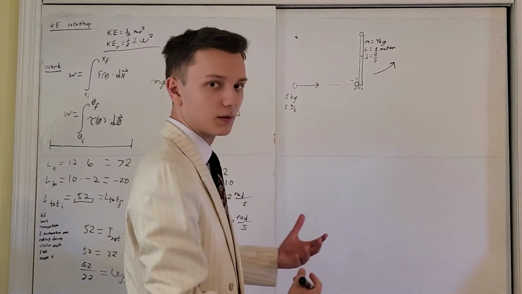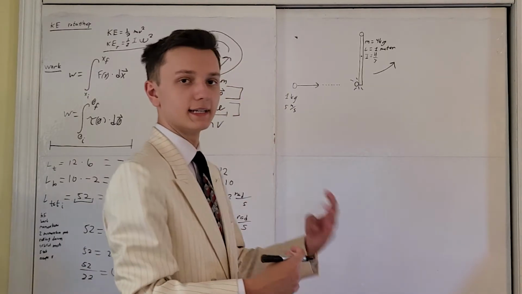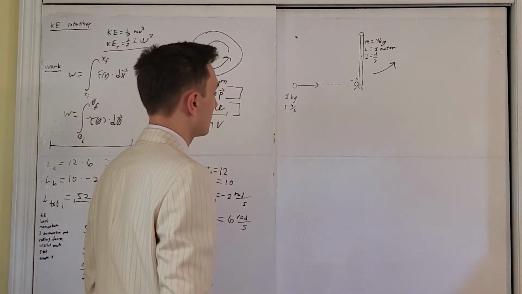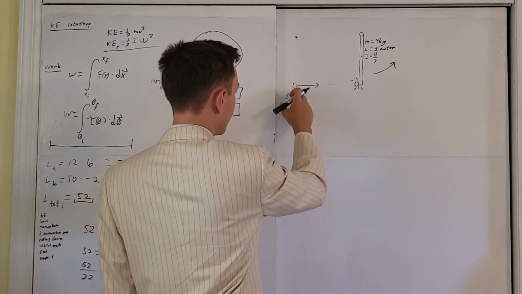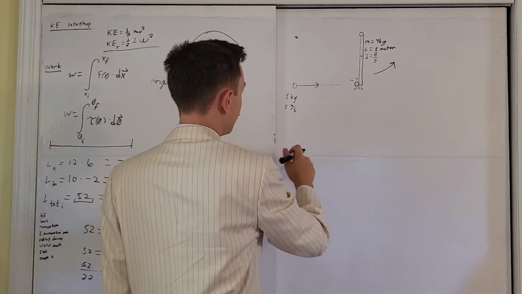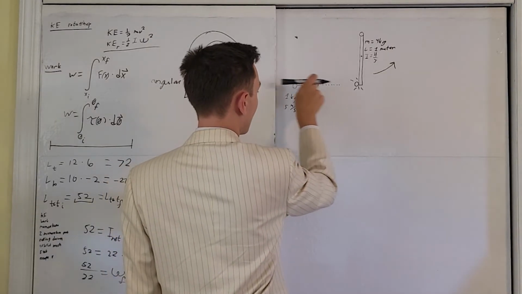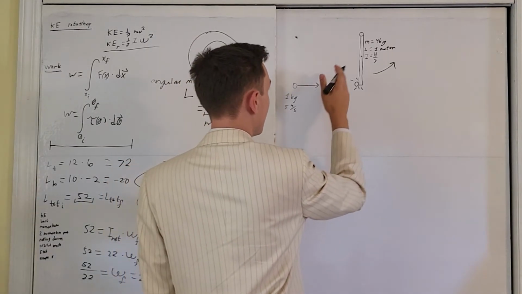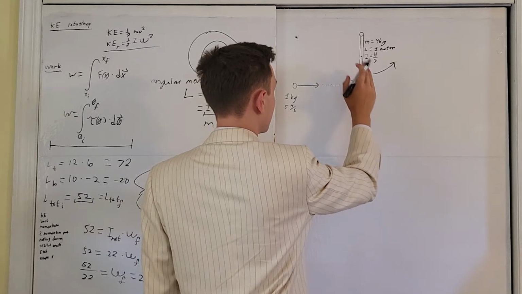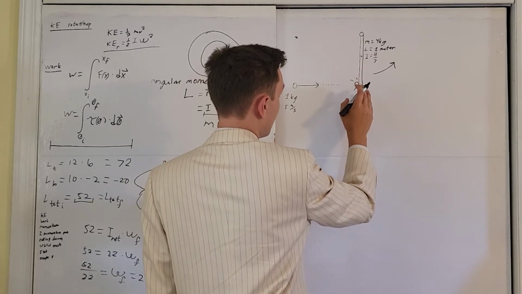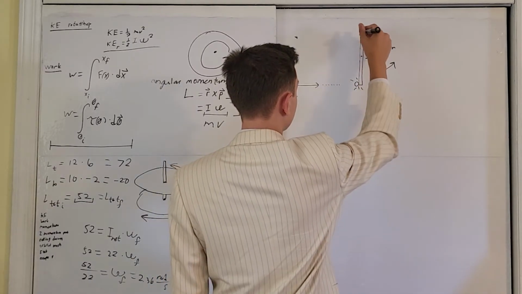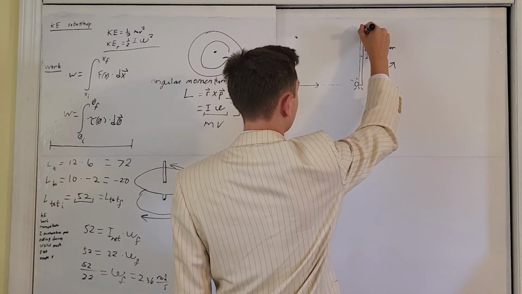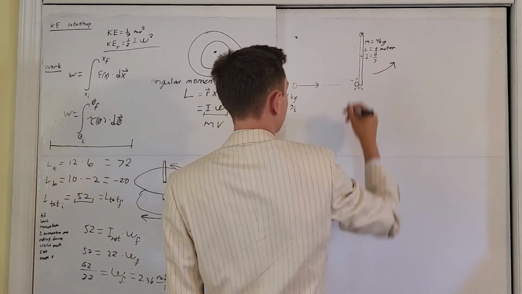So this problem is going to sort of unite everything we've been talking about so far. So here is the problem. You have a 1 kilogram ball moving at 5 meters per second in the rightward direction. And you have a rod with mass 4 kilograms, length 1 meter, and moment of inertia of 4/3, and that rod is connected to an axis of rotation at the end of the rod, up top here.